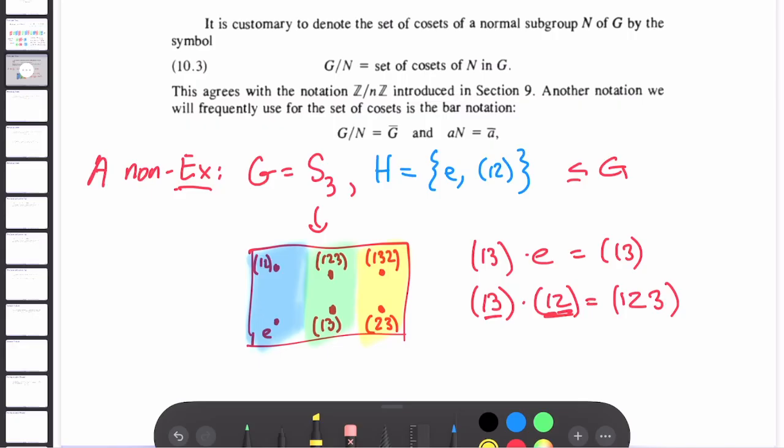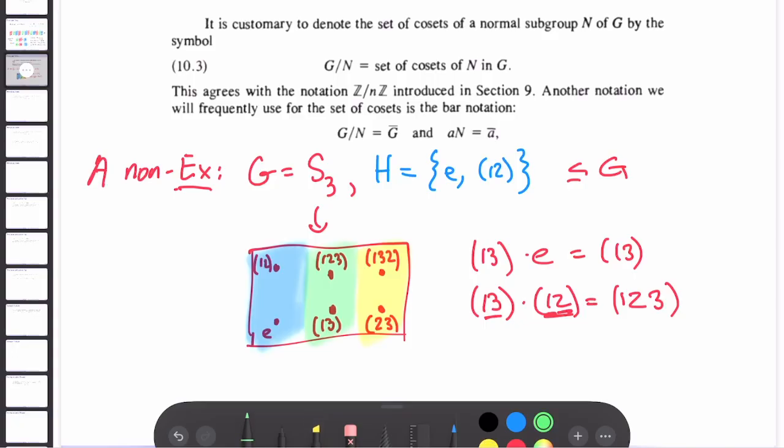So, perfectly good setup. Nothing is out of the ordinary so far. This is just a group, a subgroup, the relevant cosets. Life is good. But let's try to do this color stuff again.